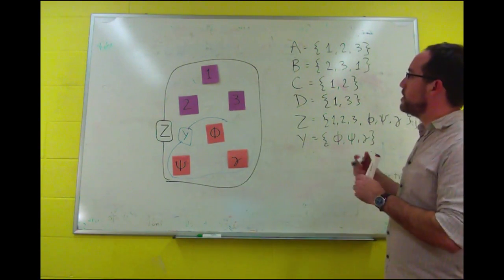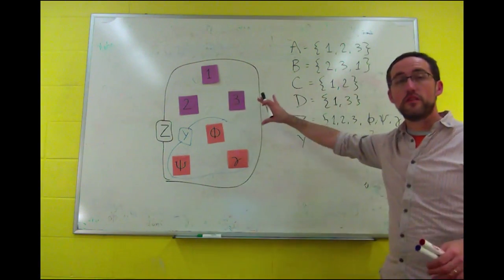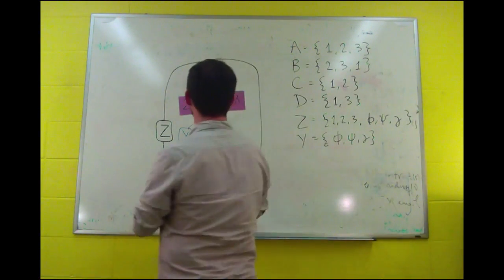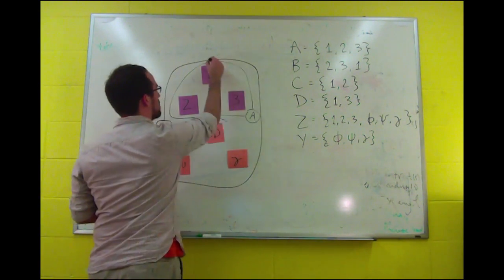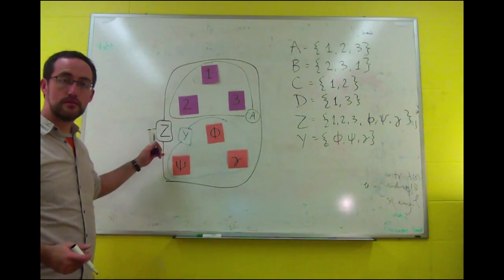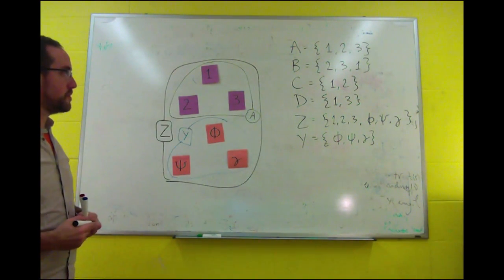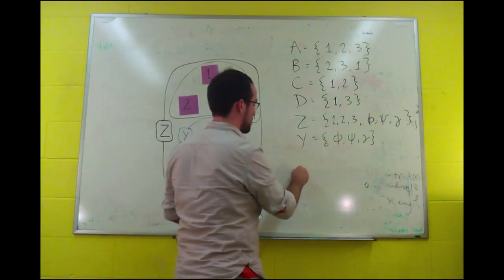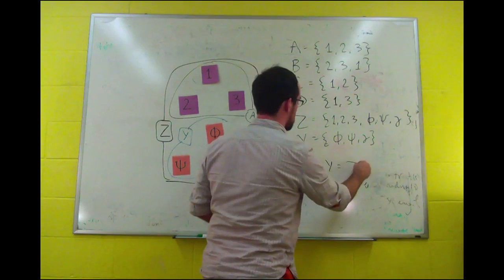Now, if we took the union of A, which is the set 1, 2, and 3, and Y, we would get Z, because we would end up with all these members. And we can write that: the union of A and Y equals Z.